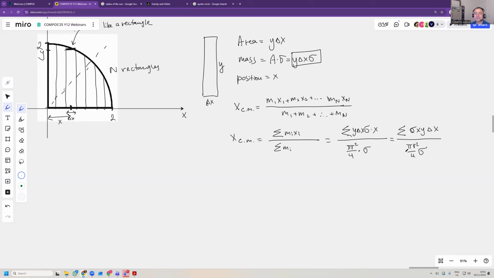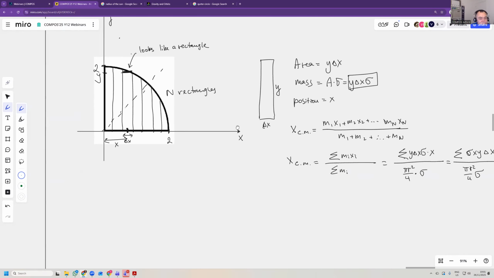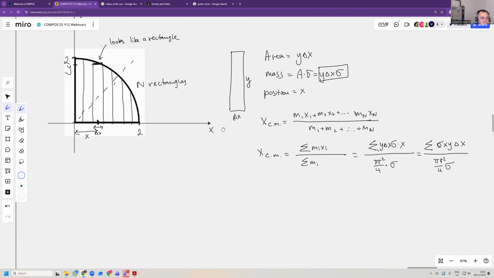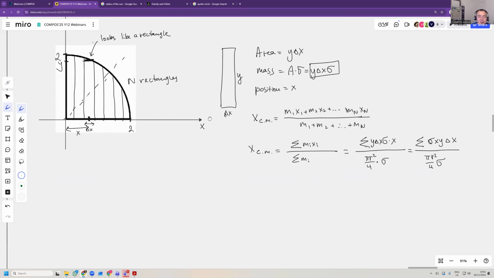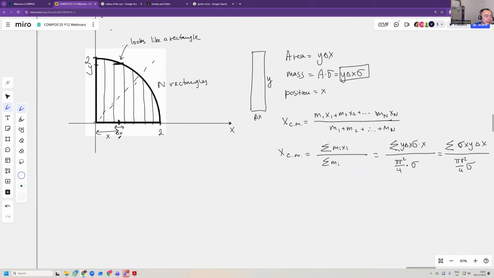Okay. Sorry, I've missed a step here. Imagine that this is the ith rectangle, because I've numbered them from 1 to n.